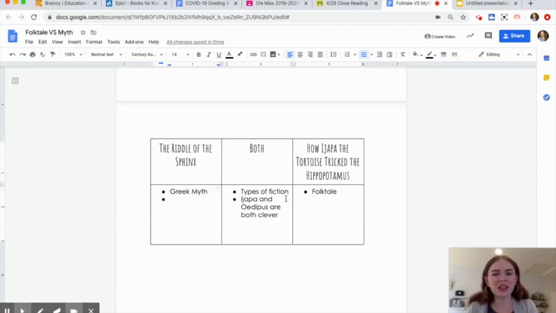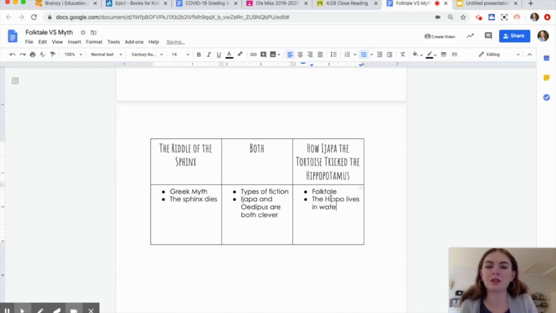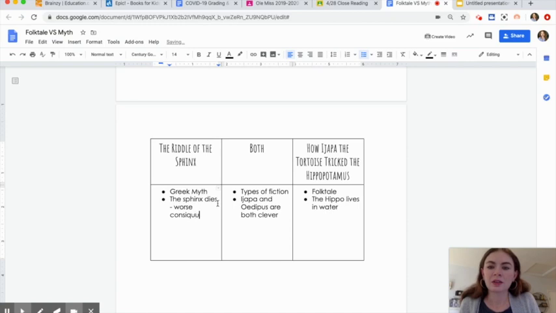So we know in the end the Sphinx dies, while in How Ajapa Tricked the Hippopotamus, the hippo just lives in water. So this is a worse consequence. And this is a lesser consequence. It's not as bad.